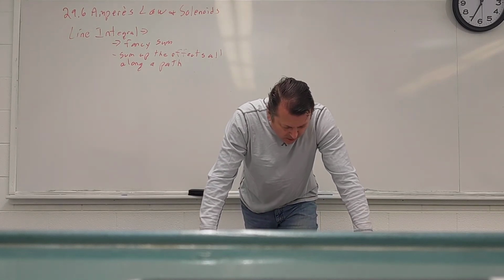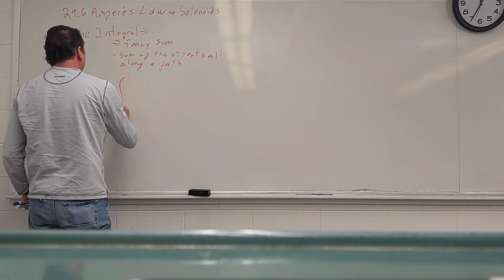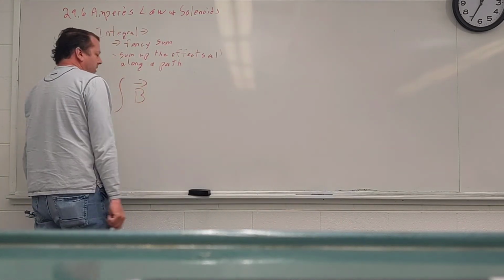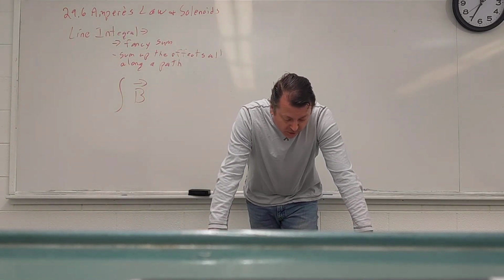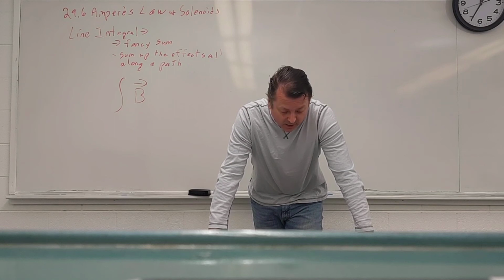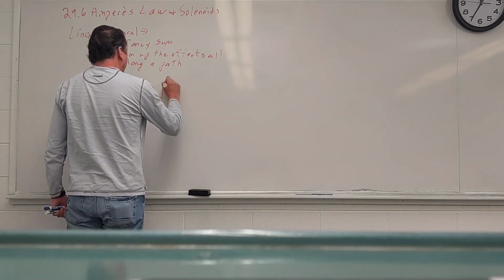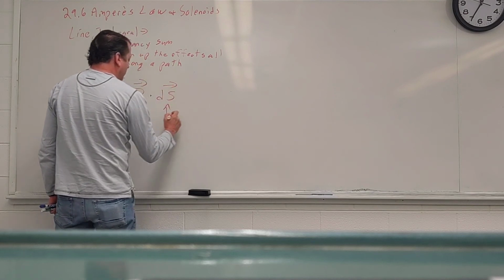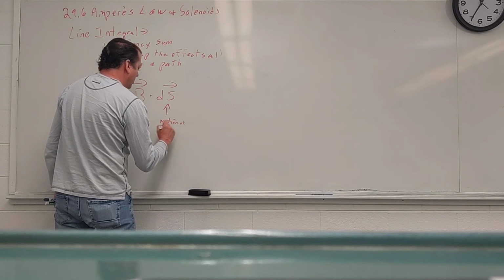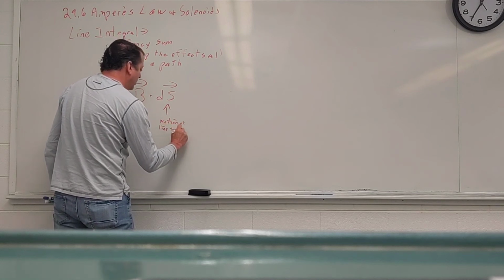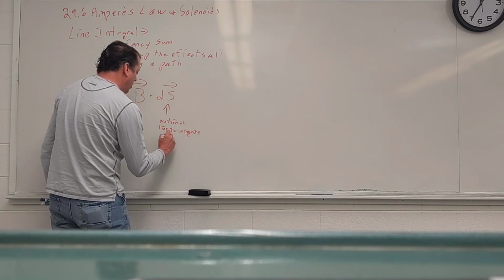But it's going to be around some path. Okay? So when you think of a line integral, let's say we've got some B field, we're going to integrate, and that's the field we're going to look at and see the effect of. We're going to do a dot product over some motion or line to integrate over.